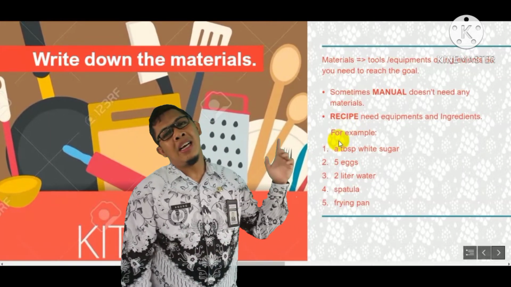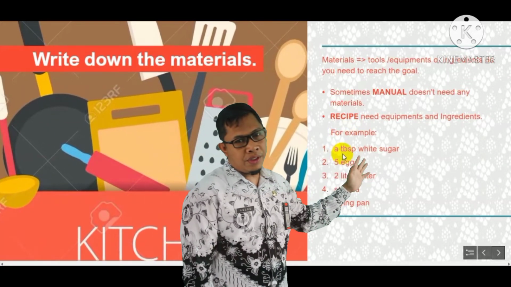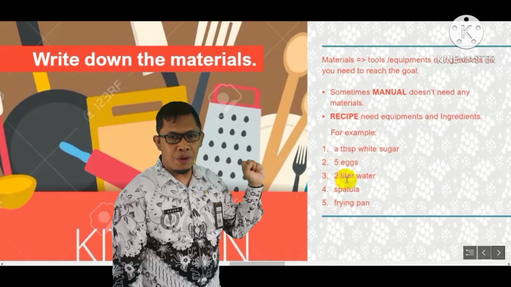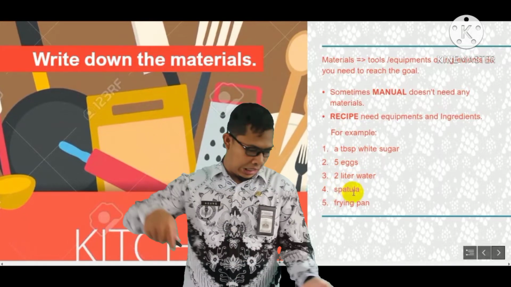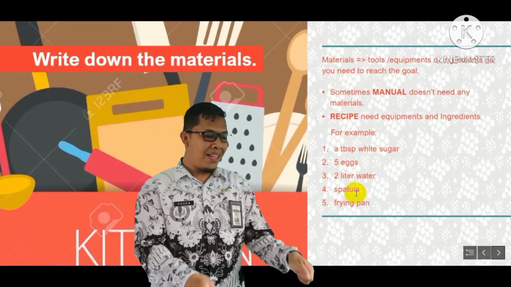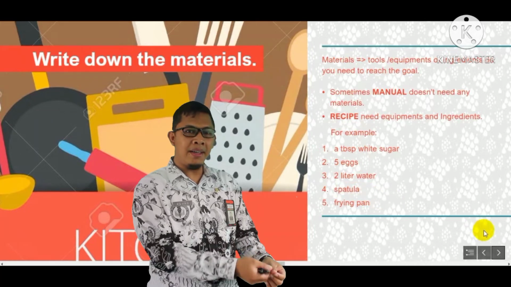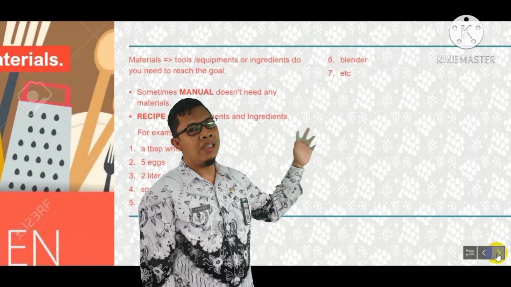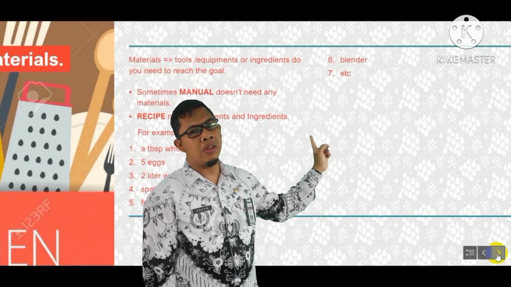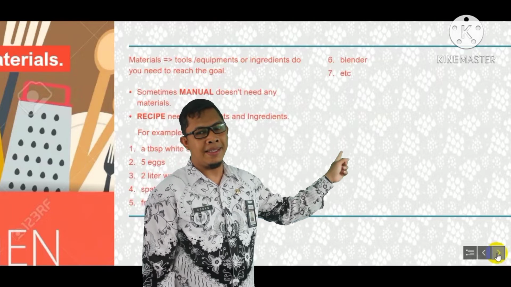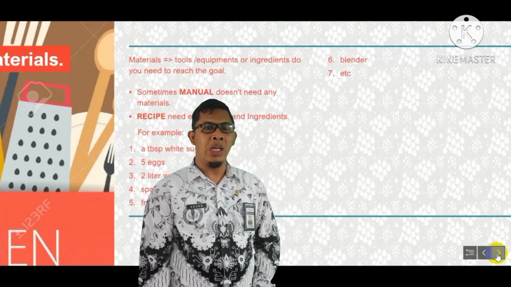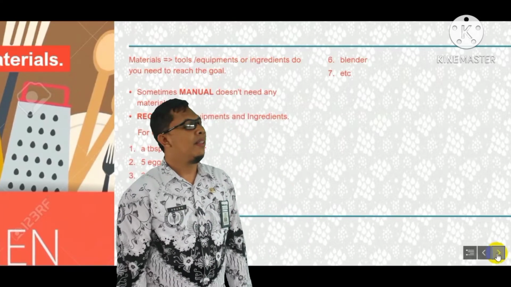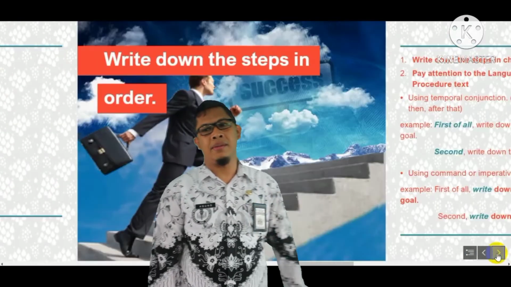For example, a tablespoon of white sugar, and then 5 eggs, 2 liters of water, and then you need a spatula, and then a frying pan, or maybe a blender, etc. Jadi kalian misalnya bisa menuliskannya 1 sendok makan gula pasir, 5 telur, a kilo of terigu, etc. Okay, next steps.